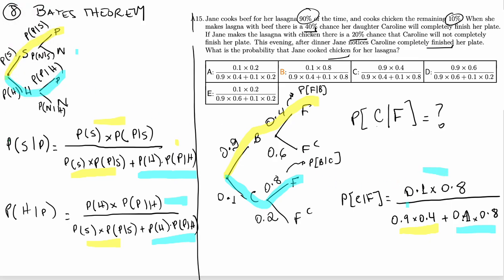And I did Bayes' formula, Bayes' theorem, without the equation, just by deriving. And the answer is B, right? So you can see that the answer here is B. Again, if you see a multiplication divided by the sum of two paths, the sum of two multiplications, it's a hint that you should use Bayes.